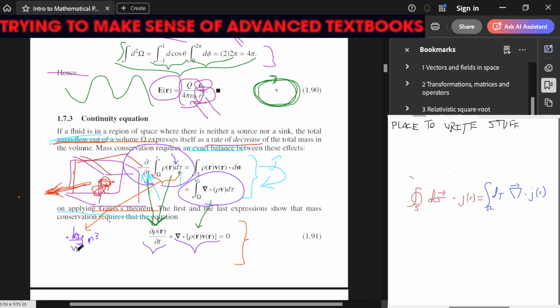So m cubed cancels out with m to the minus 3 to give me kilograms. And del by del t is just kilograms per second. So this makes sense.